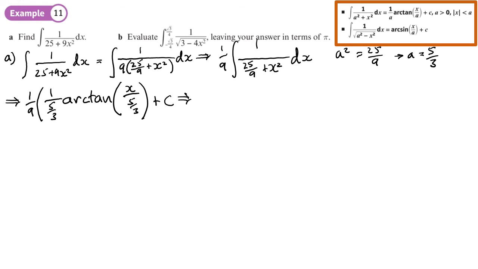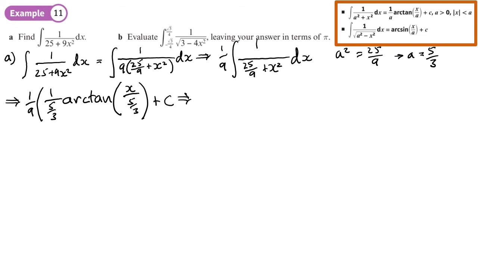So 1/9 times, let's work that out, 1 over 5/3, in other words, 1/9 times 3/5 basically, because that's going to get flipped.